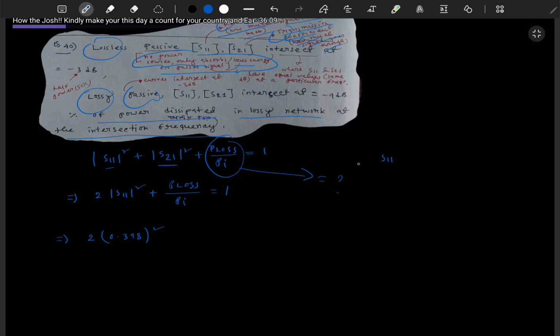S11 we can find out like this: 20 log base 10 of S11 equal to -4.